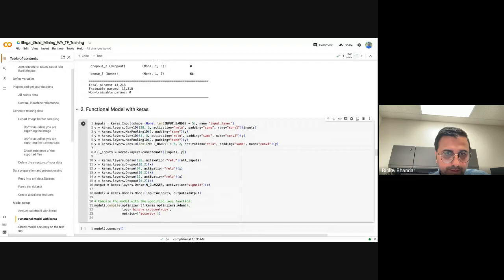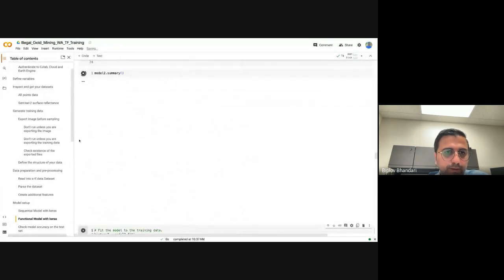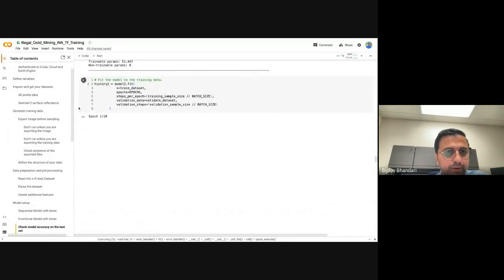And then once these convolution and max pooling are carried out, what I'm doing here is taking the original input data set and also adding it to the convolution output, and then basically doing the same thing that we saw before. So if you run this and also run this model.summary, you'll see what's going on. And now let's go ahead and actually train the model. This one is a bit more complex model than the one that we saw before.